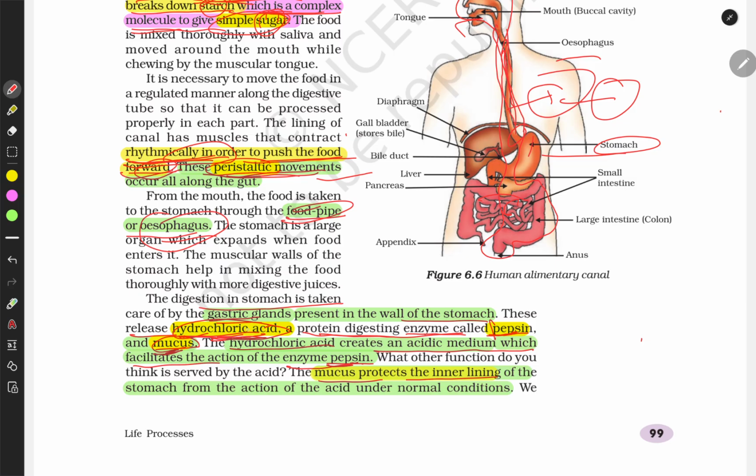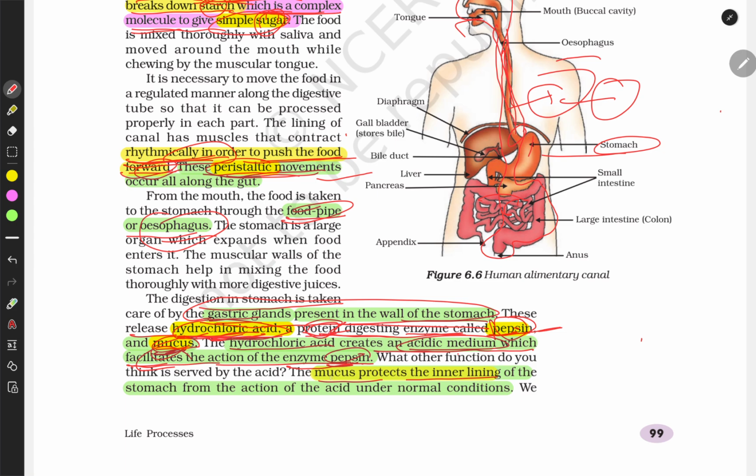First, gastric glands are present on the walls of the stomach. They release three things: one is hydrochloric acid, second is pepsin, third is mucus. Hydrochloric acid creates an acidic medium, which facilitates the action of the enzyme pepsin. Pepsin is an enzyme, and it digests protein.